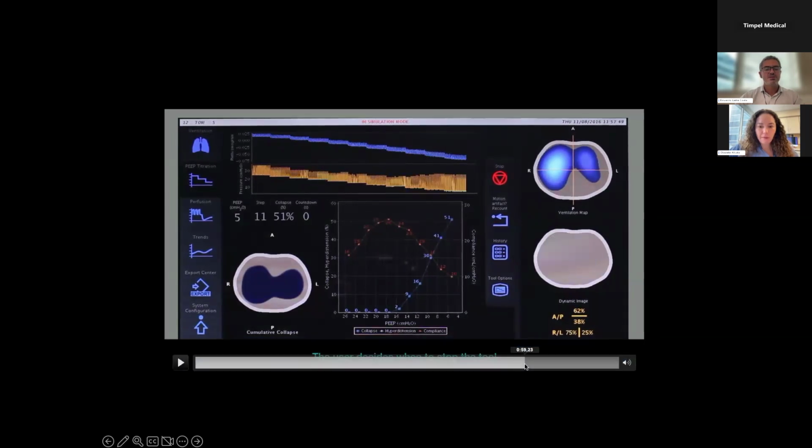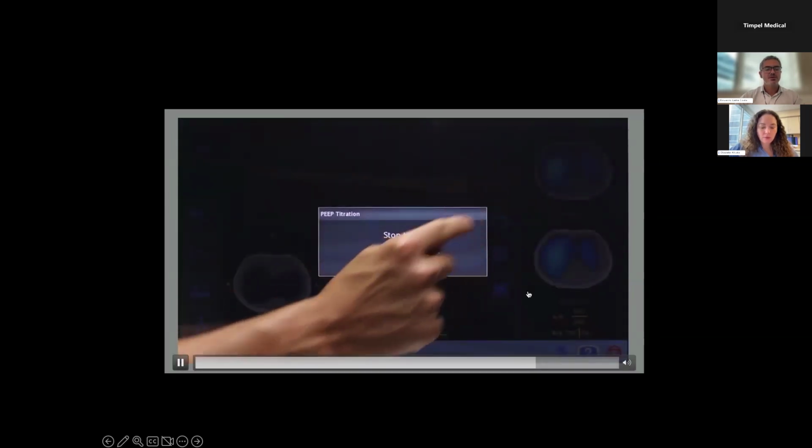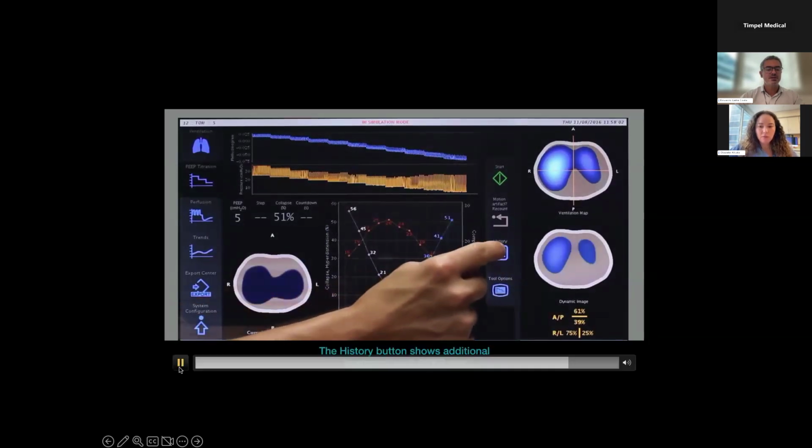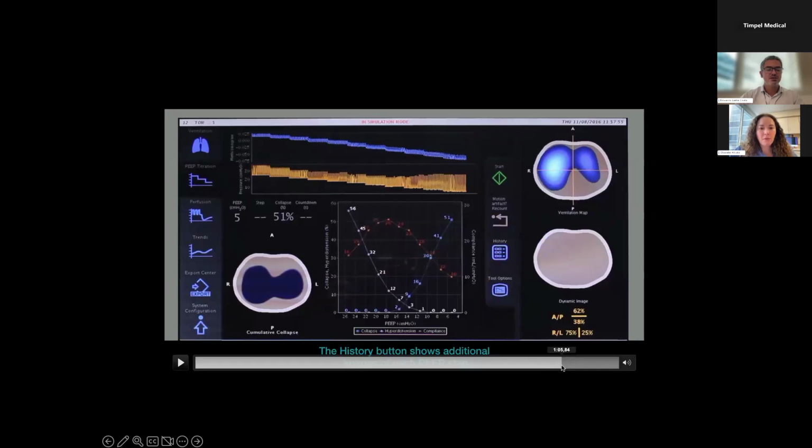Towards the end of the maneuver, if you stop, then you can get a history of everything that happened. So you have the compliance curve, the white is the overdistension curve, and the blue is the collapse curve. And most people now use what is called the crossing point, which is when collapse and overdistension coincide. This indicates the PEEP level that you would select at the bedside.